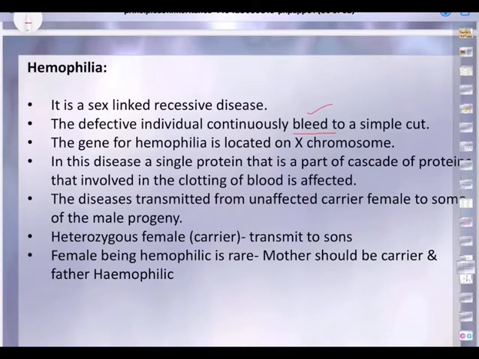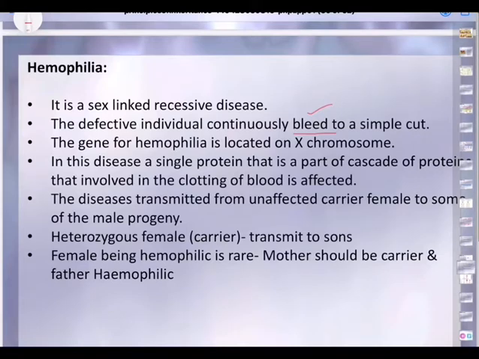Now, what is this disease about? Hemophilia is a sex-linked recessive disease. The defective individual continuously bleeds. This is the thing, bleeding. Blood will be coming out of the body even with a minor cut.